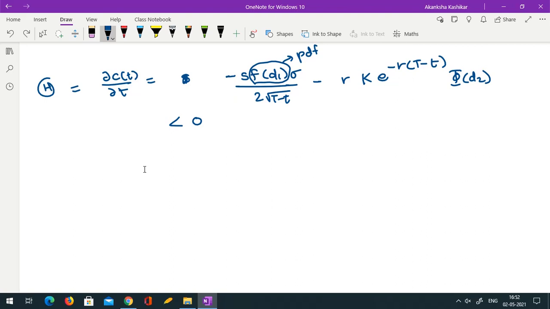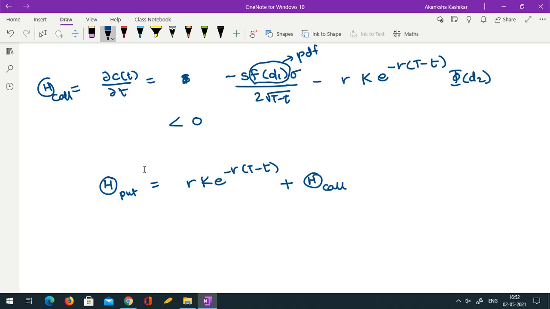Similarly, we can compute theta for a put option using the Black-Scholes option pricing formula. Theta for a put option turns out to be r K e raised to minus r(T minus t) plus theta of the call option.